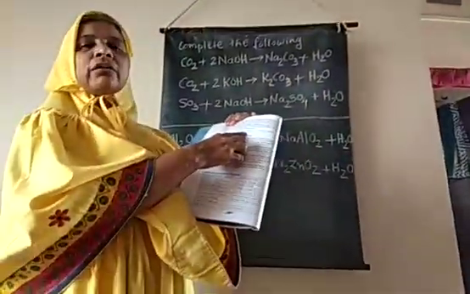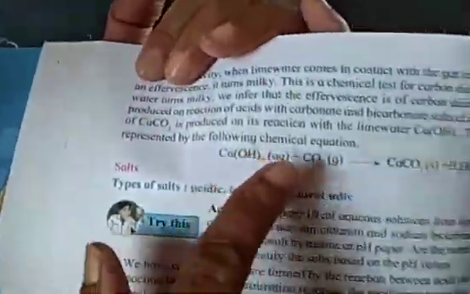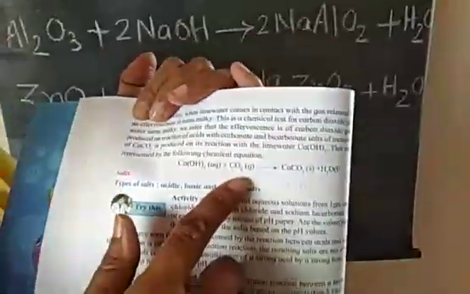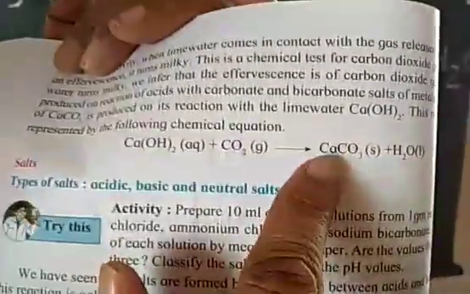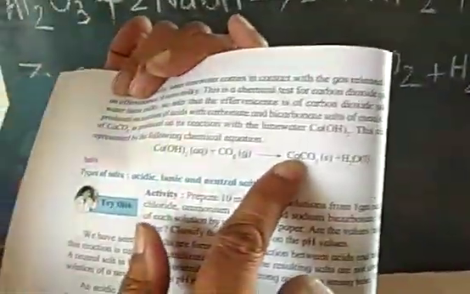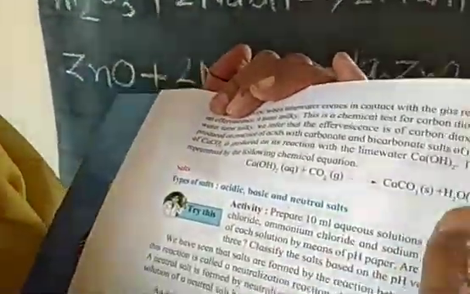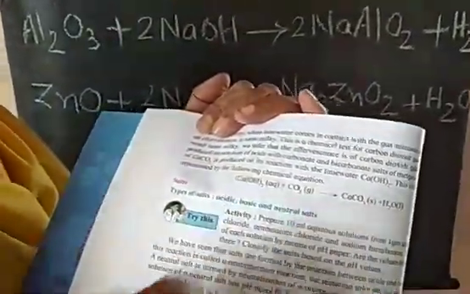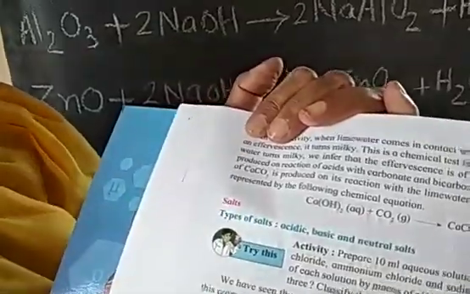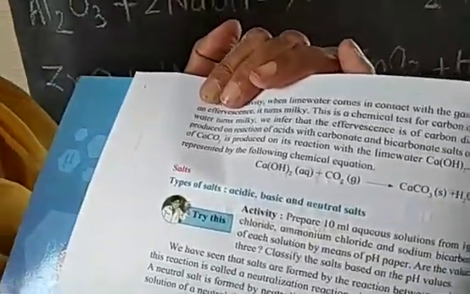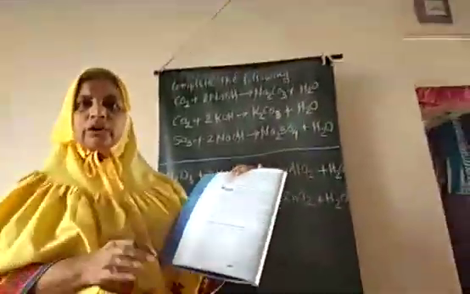Calcium hydroxide, that is lime water, when it reacts with carbon dioxide, gives calcium carbonate, which is a white colour precipitate or salt, and water molecule is formed. So in this reaction, this is a test that carbon dioxide gas is given out during the reaction. It reacts with the lime water and the lime water turns milky.